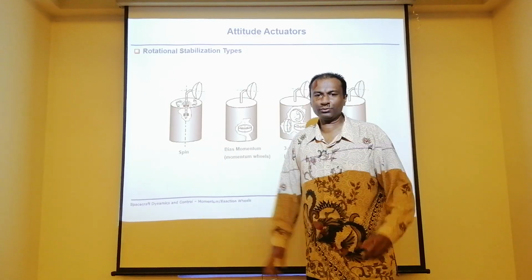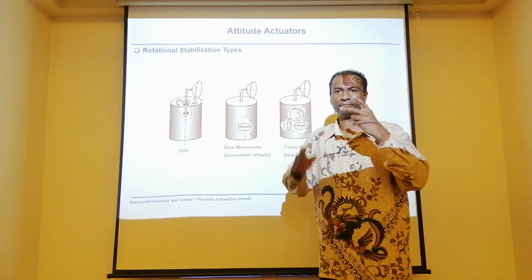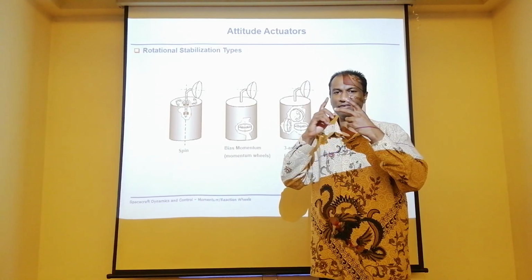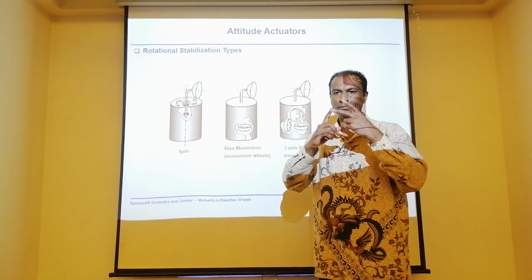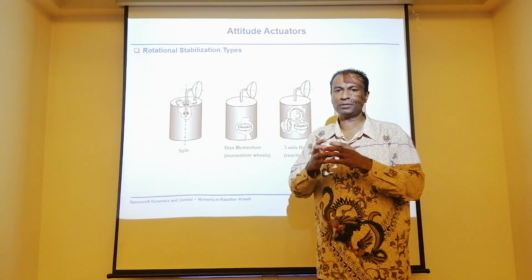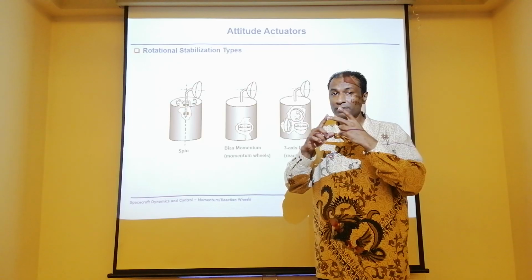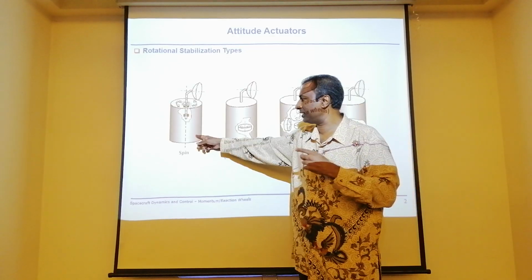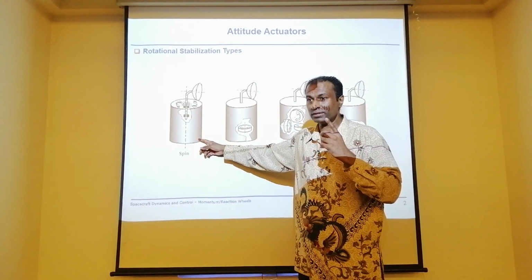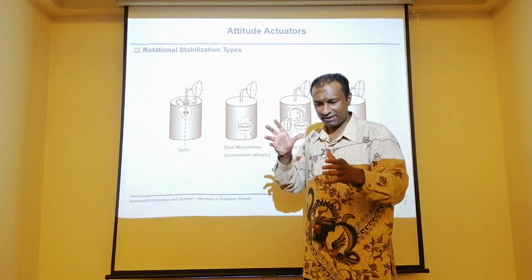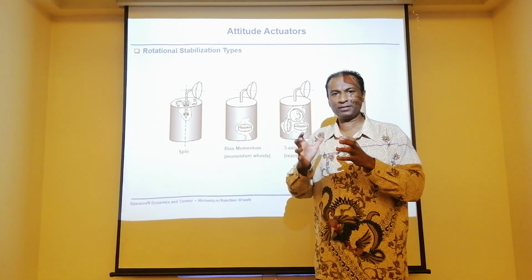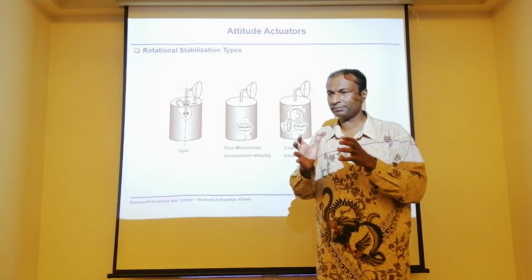Now, there are two ways you can produce angular momentum. One, a very high speed with a smaller mass. Another, a very low speed with a bigger mass. A spin satellite has lower speed and bigger mass, and you will have quite a reasonable angular momentum.